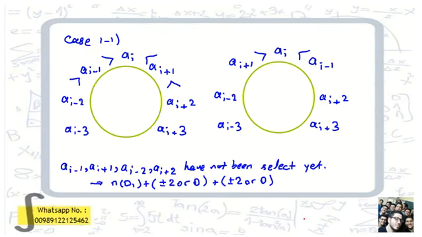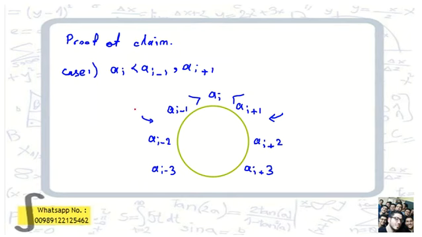So let's consider the cases. In case 1, look, we want to consider these two signs. It would be less than, greater than, less than, greater than. Less than, greater than is similar to greater than, less than. So we need to only consider three cases.